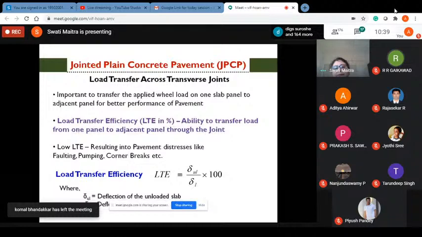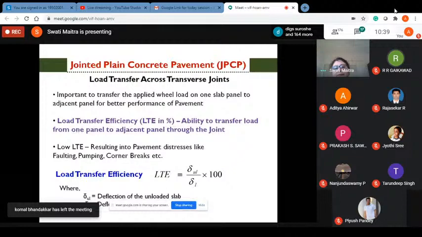So here also is the interface. As I said, this is the unbonded interface. An unbonded interface has been modeled here with contact elements, so that it can take care of the curling effect, curling upward or curling downward. So the slab and base are modeled, and with these contact elements, this interface is modeled. So this interface can take up the curling effect.